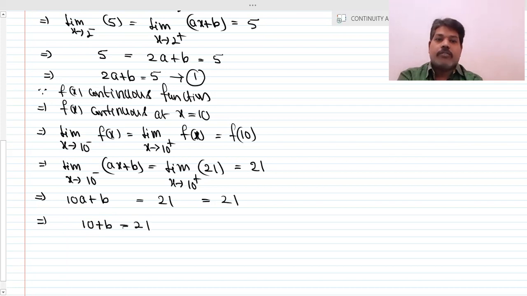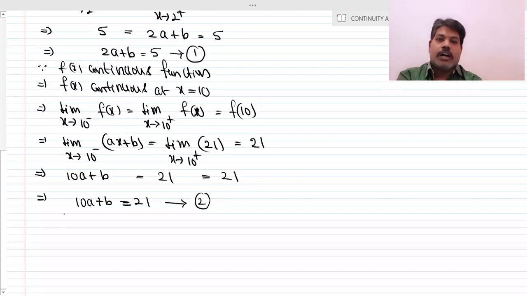This is equation number 2. So equation 1 is 2a plus b and equation 2 is 10a plus b.